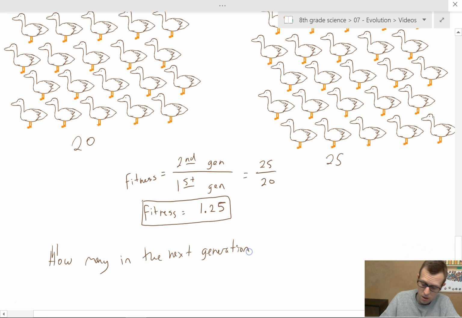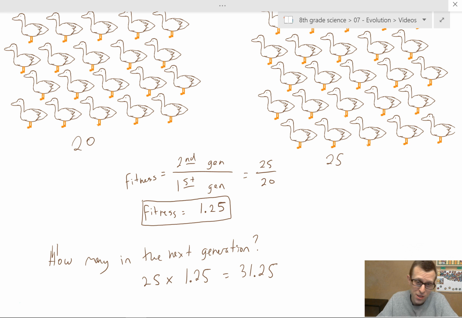Well, we'll just take the 25 and multiply that by the fitness. Multiplying by fitness is always going to give you the number we expect for the next generation. So that'd be 1.25, which is going to be 31.25 as our estimate.